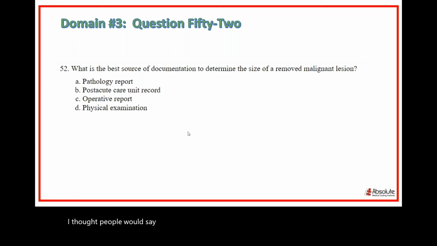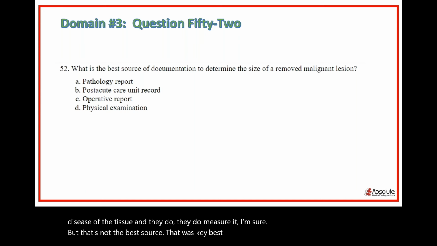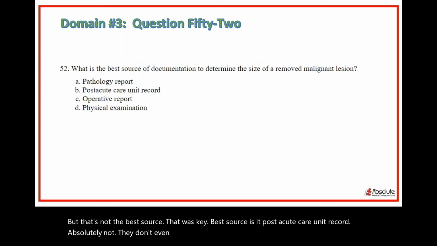Well, A, they pretty much look at the tissue. They look at the disease of the tissue. And yeah, they do. They do measure it, I'm sure. But that's not the best source. That was key, best source. Is it post-acute care unit record? Absolutely not. They don't even deal with the removed lesion.